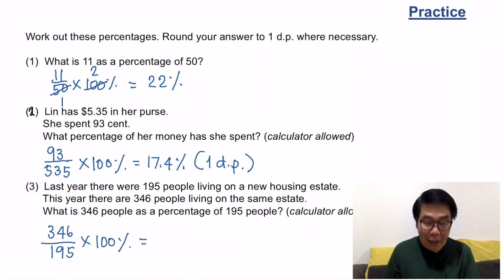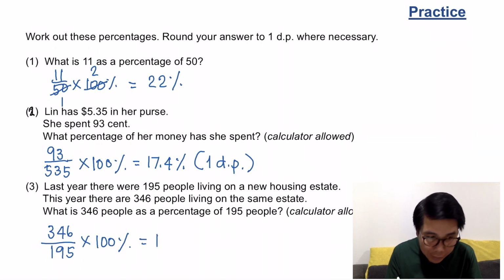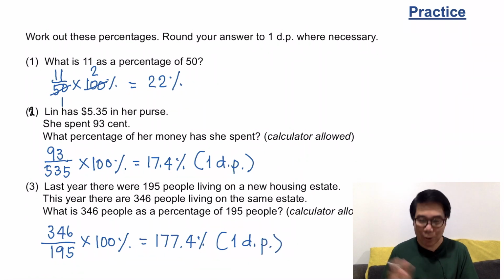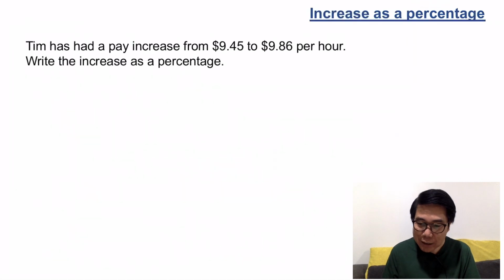In your calculator, 346 divided by 195 times 100 gives us 177.4%. This one again is in one decimal place. Now let's proceed to the next one.